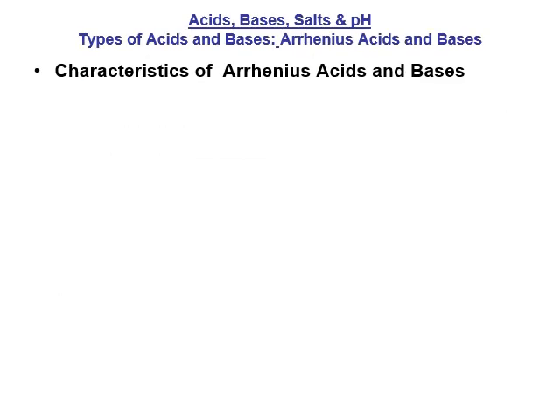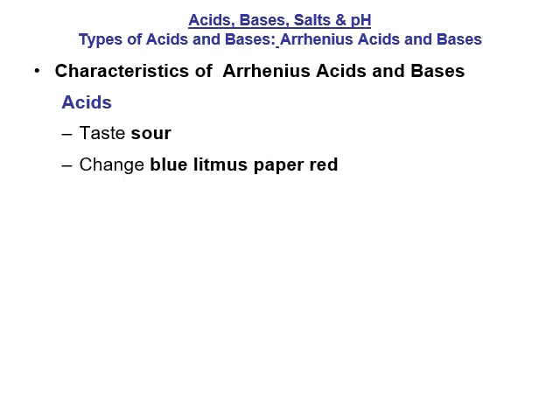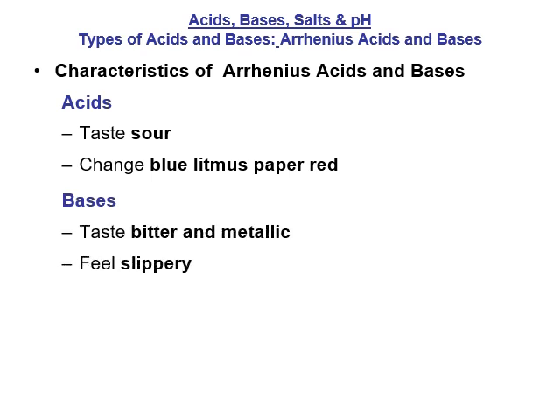Looking at the characteristics of these Arrhenius acids and bases, the acids will taste sour, just like citric acid in lemons and limes. They will change blue litmus paper red.